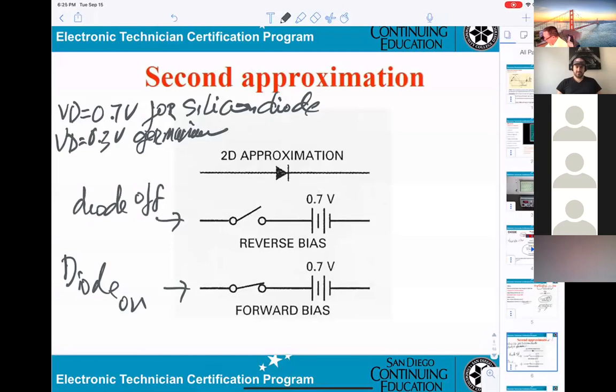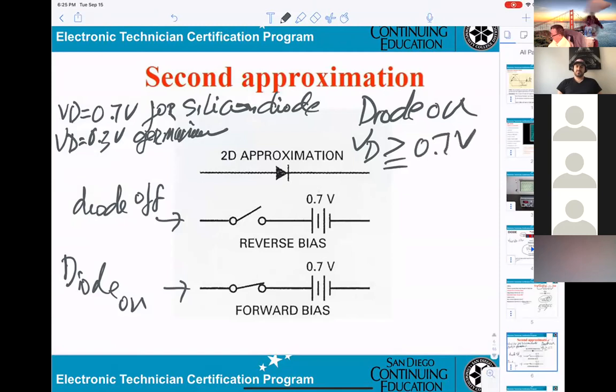Okay, so in order for the diode to be on, VD must be greater than or equal to 0.7 volt. Then they're on. If not, they're off.